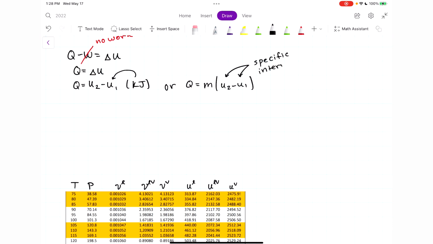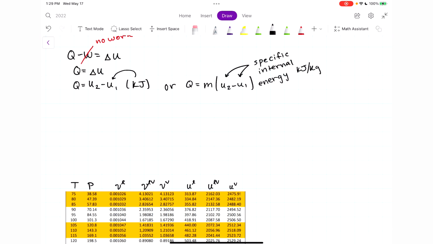Those are the internal energies that are tabulated in the back of your textbook. They're not tabulated as kilojoules. They're tabulated as kilojoules per kilogram. So those are the units we're usually going to work with, and we find those using our tables.